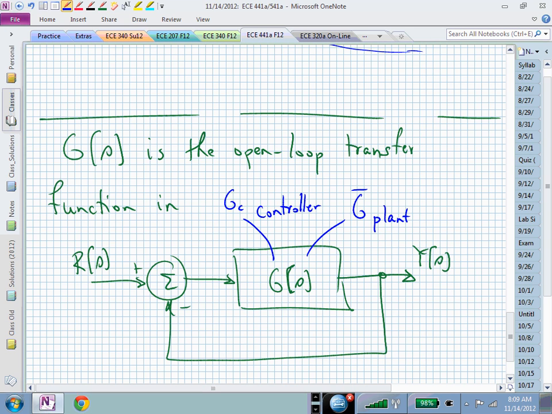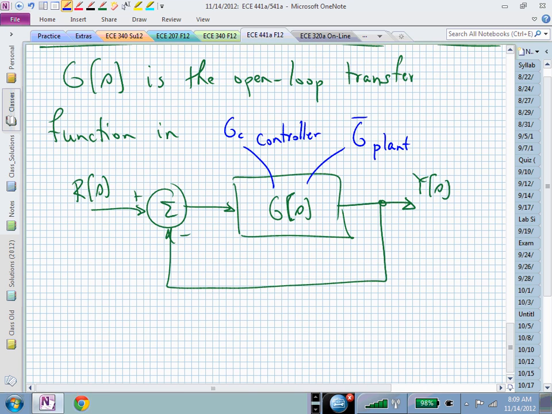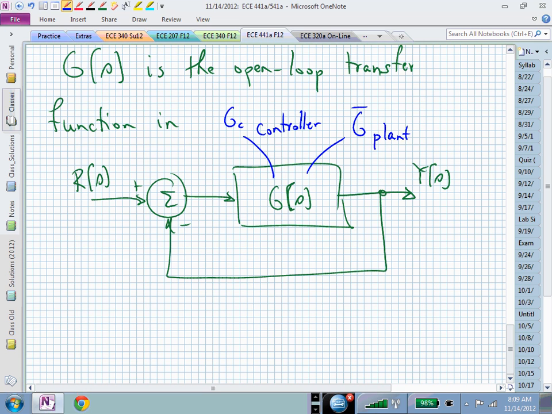What we want to be able to do is talk a little bit about the system behavior or stability in general if we now have a description of the controller and plant combination relative to its frequency response.